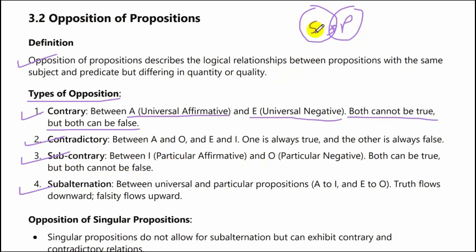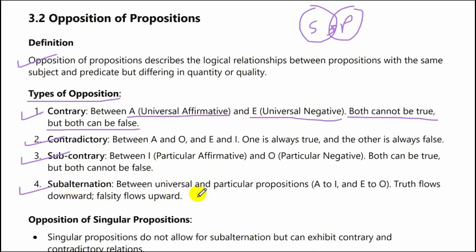It says some S are P, both can be true. So both ways, some P are S and some S are P. Both can be true, but both cannot be false. This we will learn more about in the truth table.